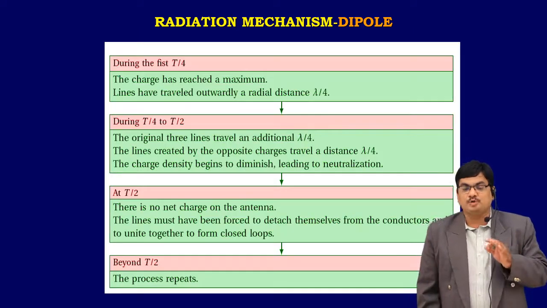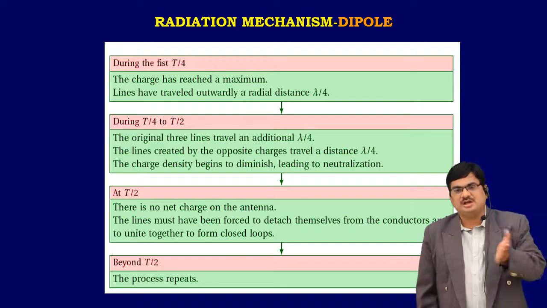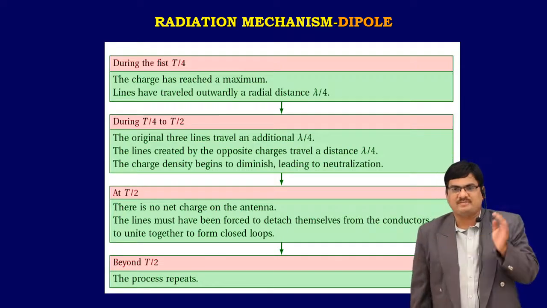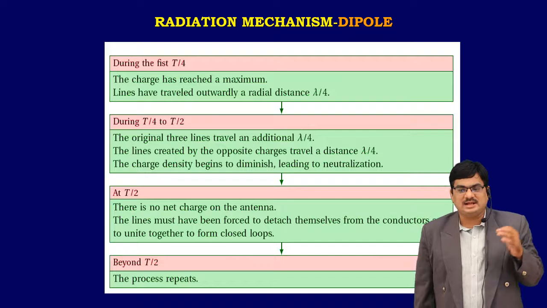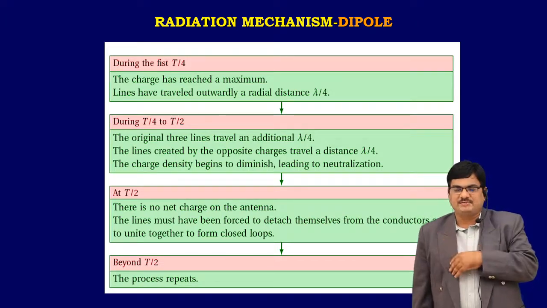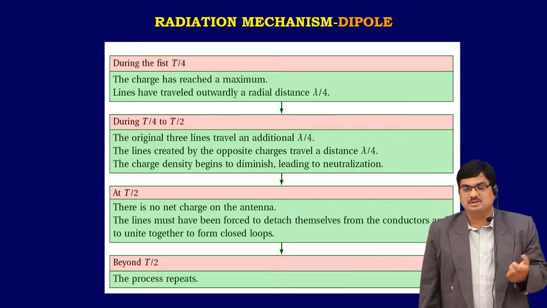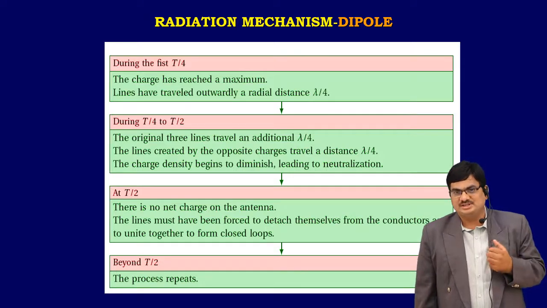At T by 4 to T by 2, the original lines travel an additional lambda by 4, and the lines created by the opposite charges travel a distance of lambda by 4, and the charge density begins to diminish, that means they will vanish, leading to neutralization.